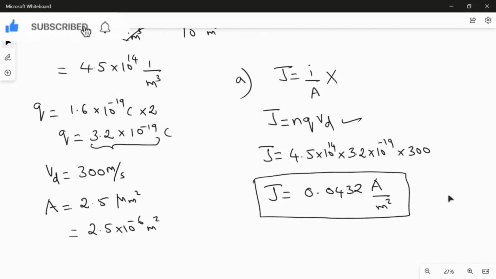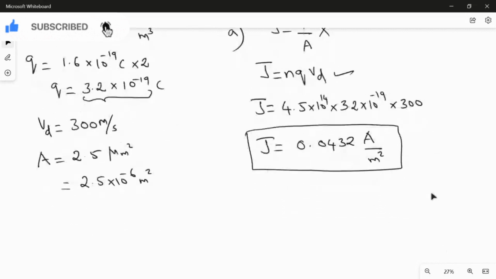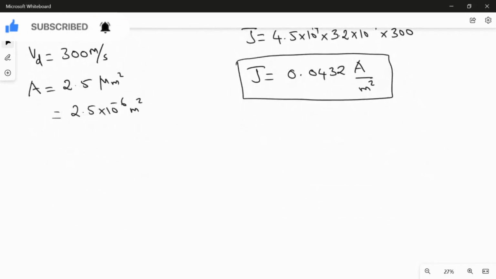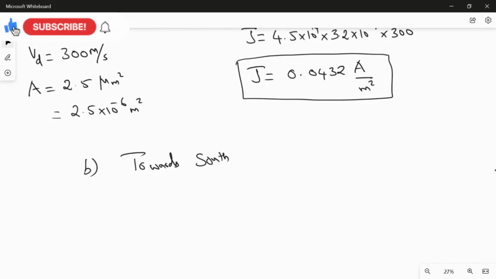Now we have to answer the second question. They asked about the direction of the current density. We already studied this in the theory. The particles here are negatively charged, right? So the current density should be in the opposite direction, or you can write its direction is towards south. Why?